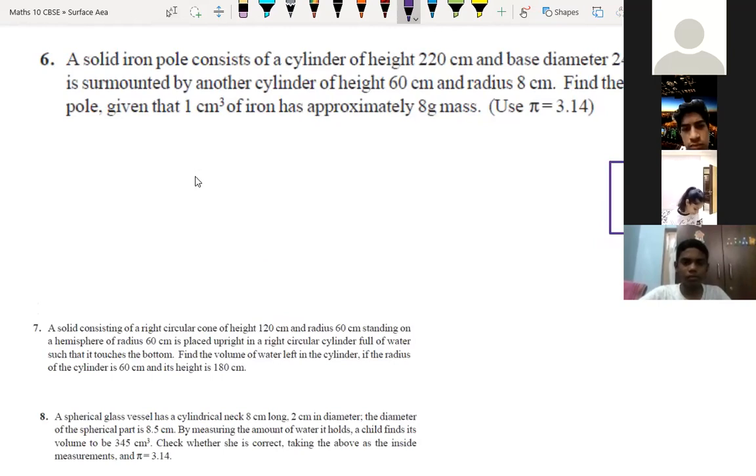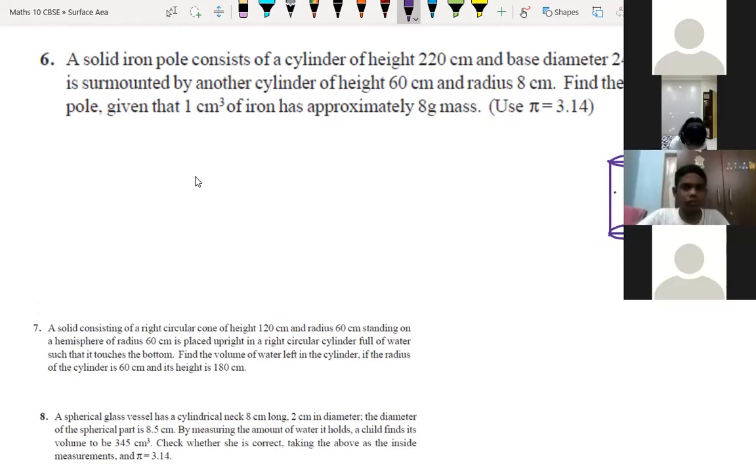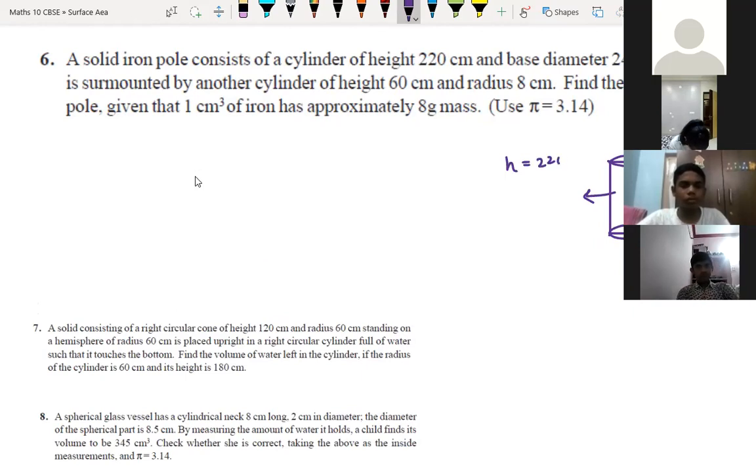So this is a cylinder which has height 220 centimeter and base diameter 24. So radius is 12. So for this cylinder we are writing height is equal to 220 centimeter, radius is equal to 12 centimeter.